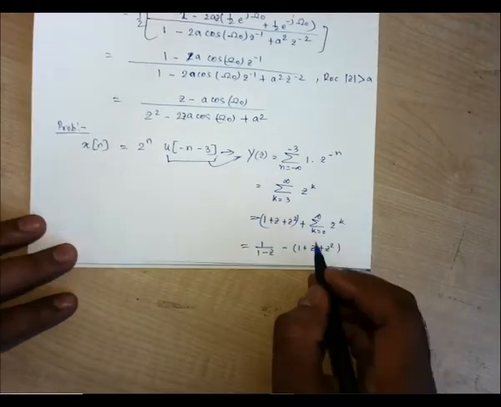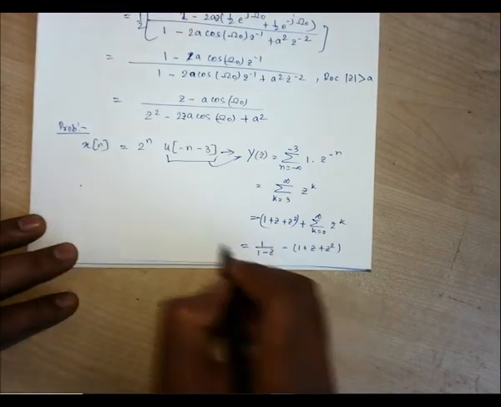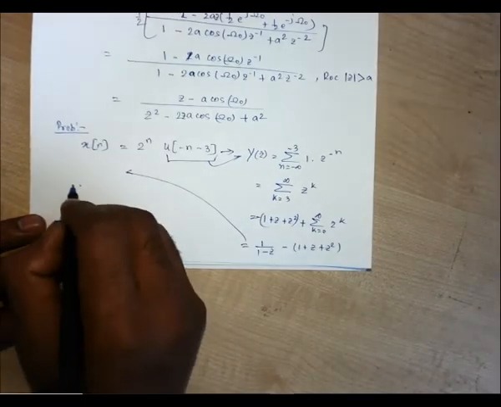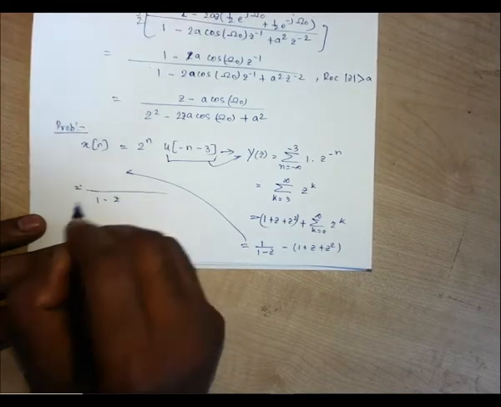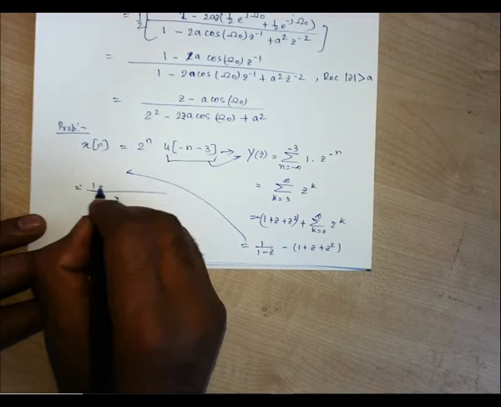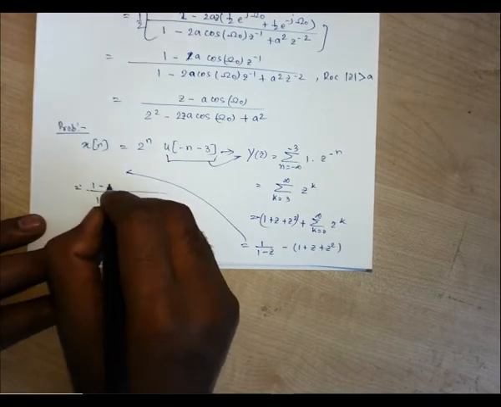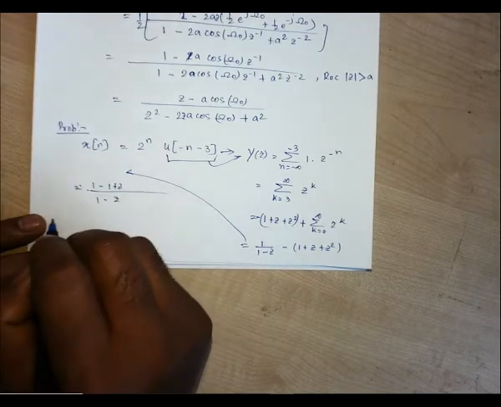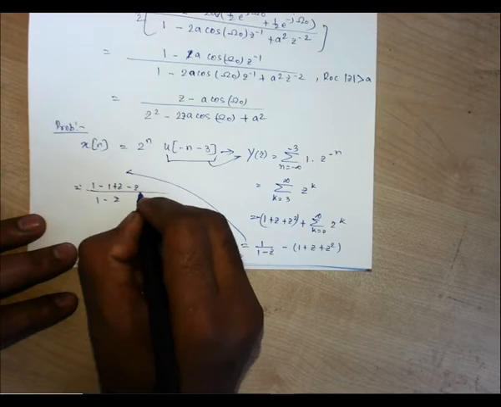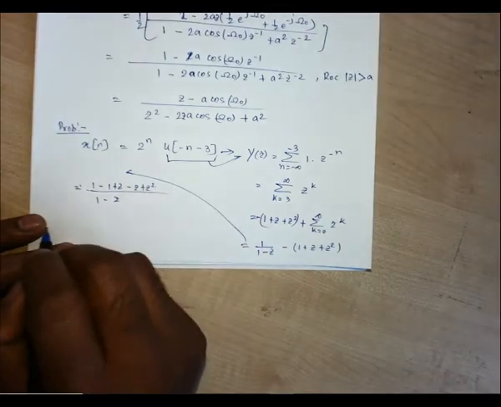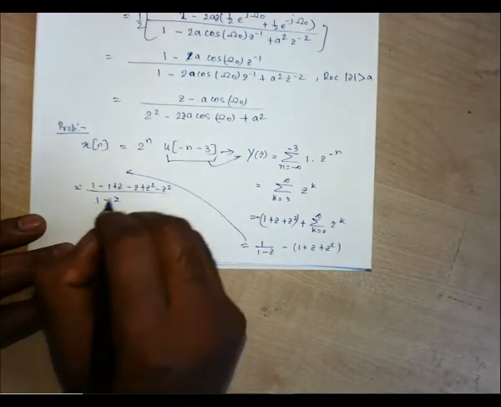If you go with the simplification, it is 1 minus of 1 plus z, then minus z plus of z square, then minus of z square plus of z cube.